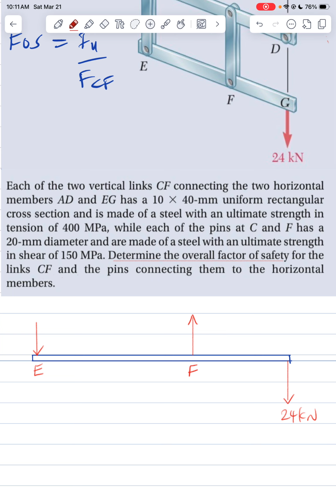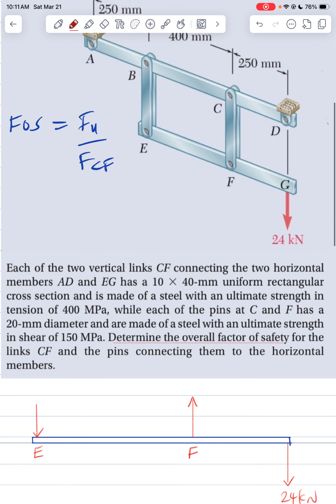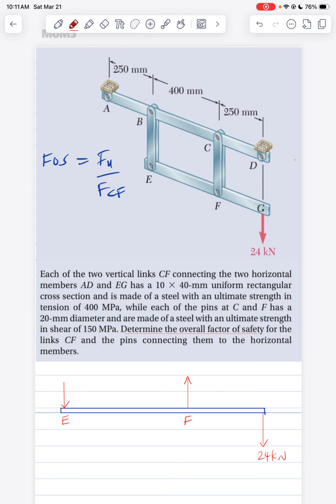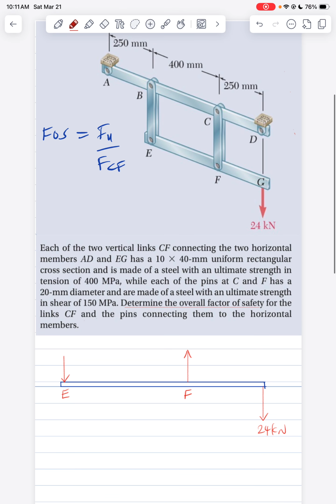Since we have kilonewtons there, we can convert that to newtons. Then, we have here 400 millimeters. If you change that to meters, it's divided by 1,000, so 0.4 meters. The 250 millimeters will be 0.25 meters as well.